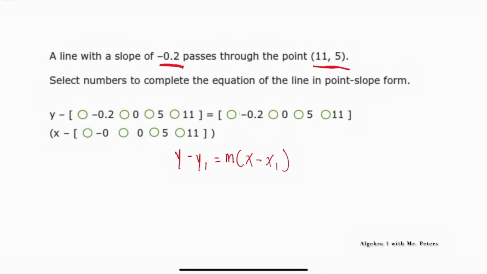So when we look at this, this is going to be y minus y1, which is 5, is equal to negative 0.2 times x minus 11. So when we look at this in the first answer, y minus 5 is equal to our slope, negative 0.2. And then inside the parentheses, we have x minus the x coordinate, which is 11. This will only be complicated if you forget that point slope formula.